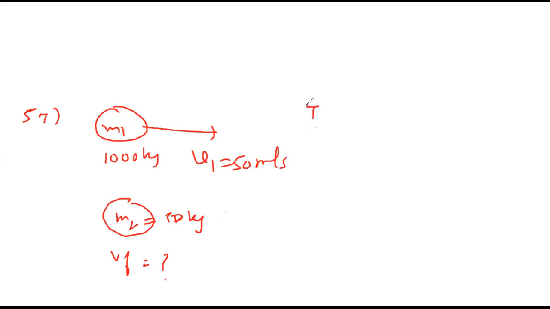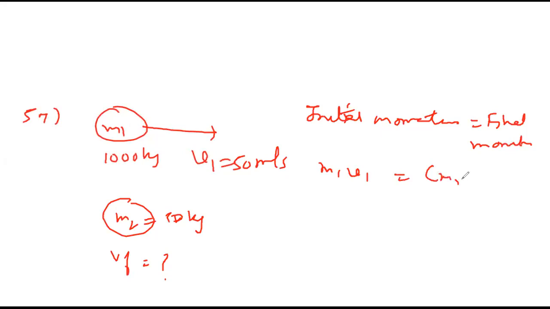Again we can say initial momentum equals final momentum. Initially it is m1 v1, finally it is m1 plus m2 with a new velocity we have to calculate.